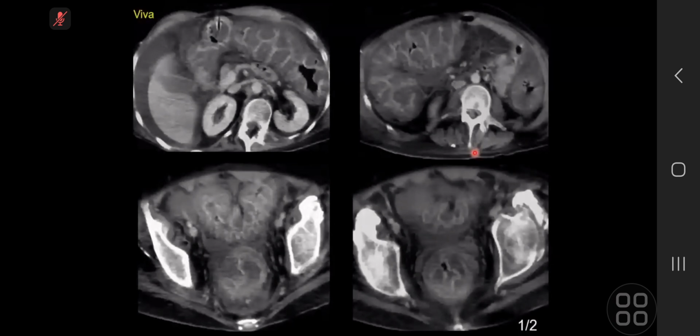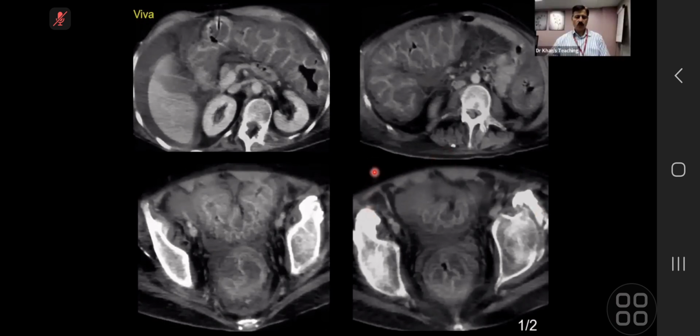There's also ascites, and it has a pseudomembranous colitis sort of appearance with marked colonic thickening with mesenteric hyperemia and ascites.